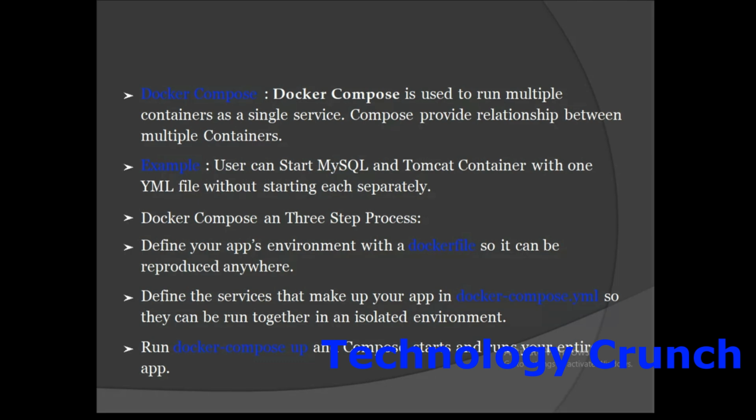After that, you need to create a YAML file. YAML is a simple text file, and in that text file you need to define the services, meaning how many containers you require, what the image will be, what the container name will be, what the container port will be, all the details you need to put in that YAML file.